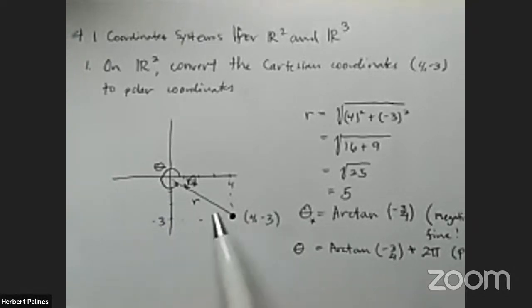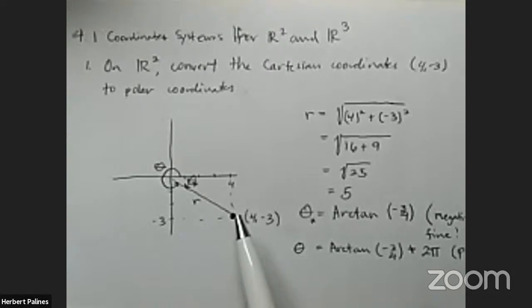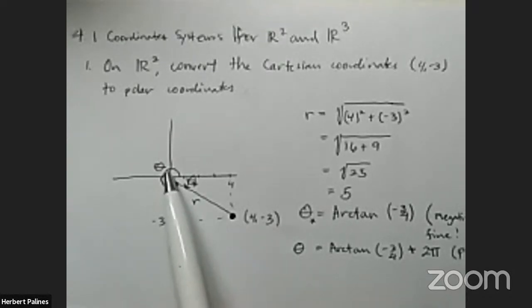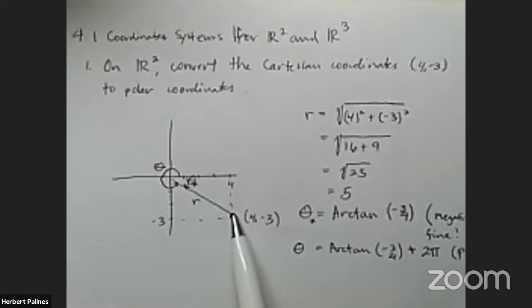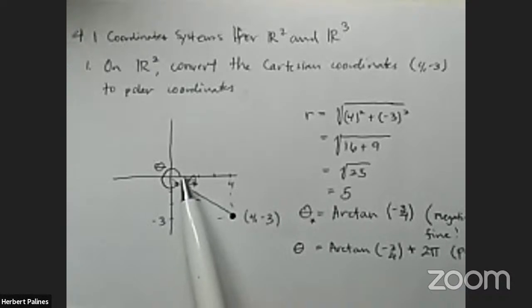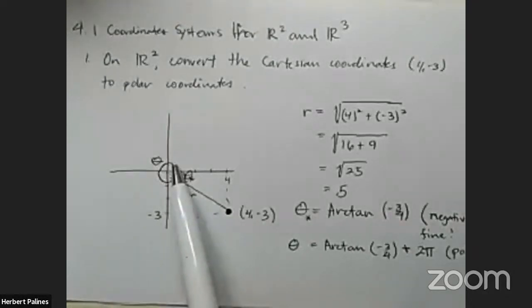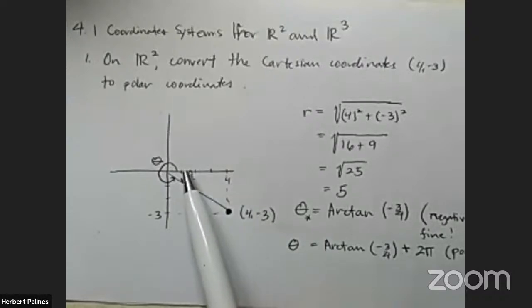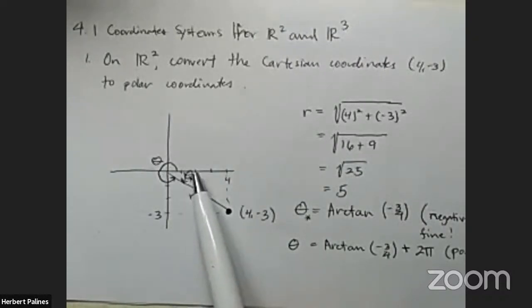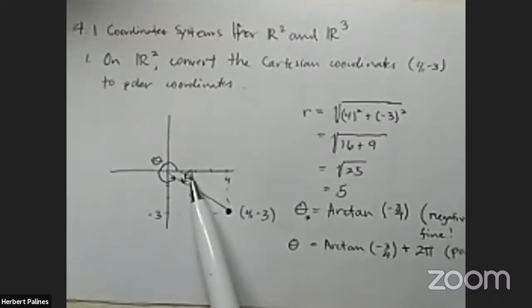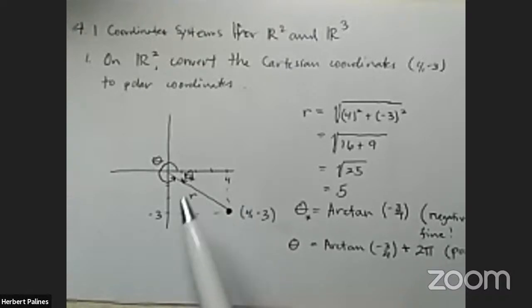Since what we want is to locate this point using polar coordinates, you need r, which is the distance of this point from the origin, and an angle, which is either a positive angle, given by this theta, or a negative angle, given by theta star.